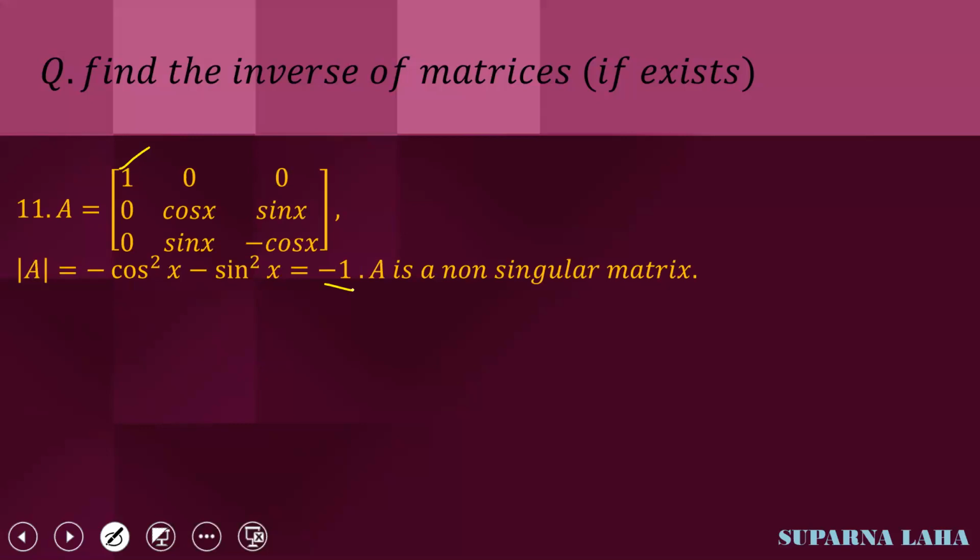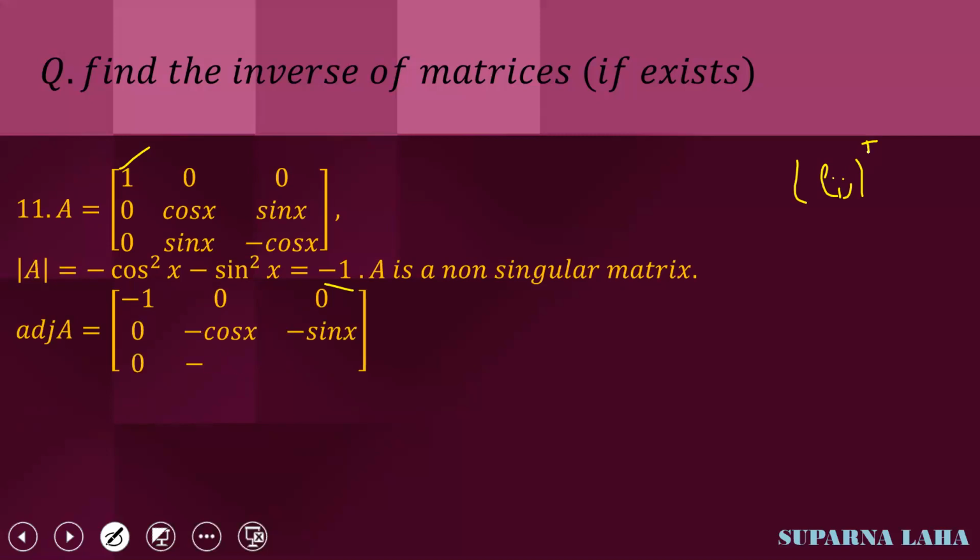Now find its cofactors and then its adjoint, that is these cofactors and its transpose. So adjoint A is given by 1, 0, 0, 0 minus cos x minus sin x, and then 0 minus sin x cos x.